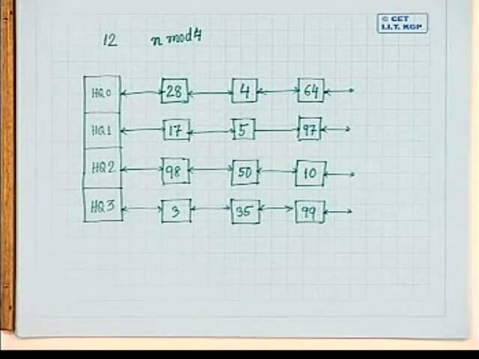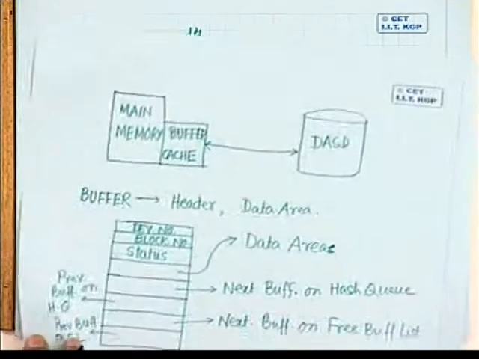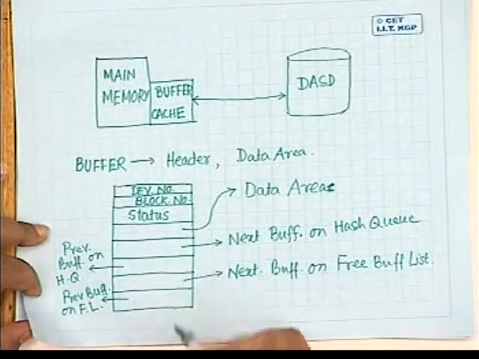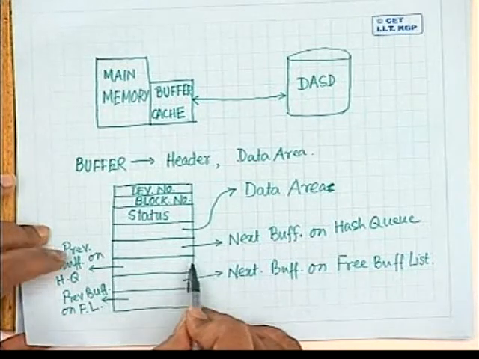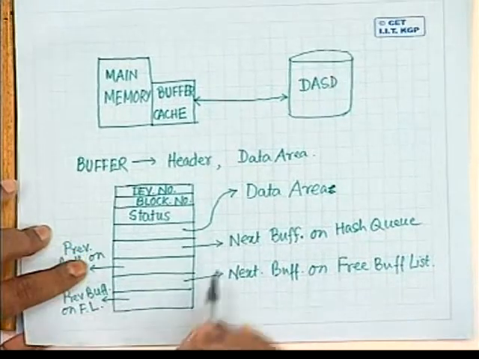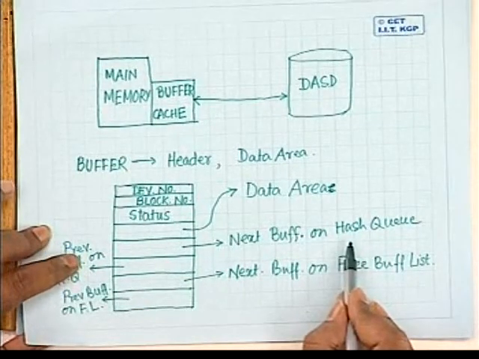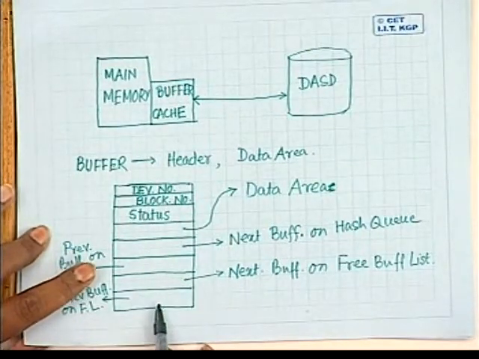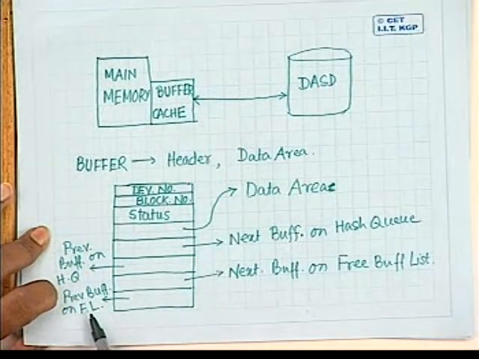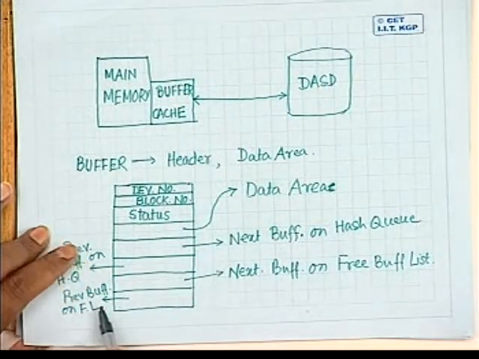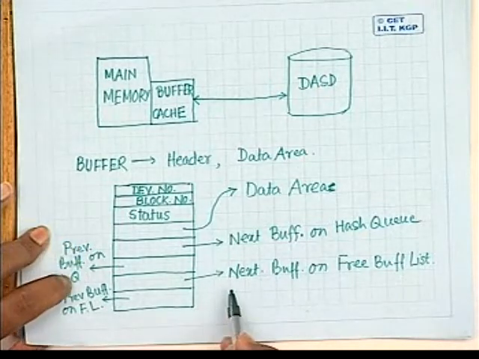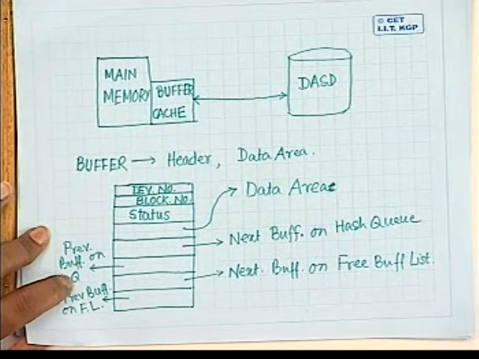And we have also said, and that is also clear from this structure of the header, that every header has got 2 kinds of pointers. We have a set of pointers, forward pointer and reverse pointer, pointing to the next buffer or the previous buffer in the hash queue. We have another set, a forward pointer and a reverse pointer pointing to the next and previous buffer in the free list.